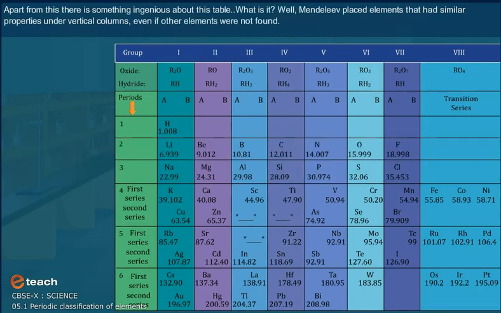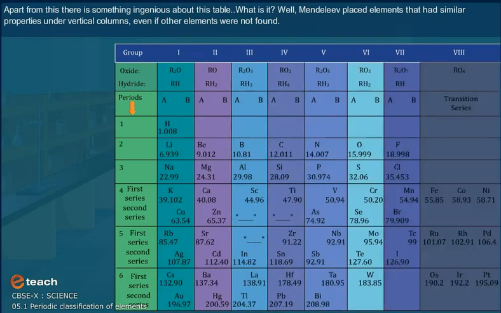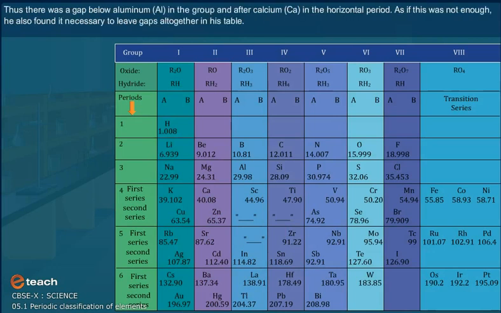Apart from this, there is something ingenious about this table. What is it? Well, Mendeleev placed elements that have similar properties under vertical columns, even if other elements were not found. Thus, there was a gap below aluminium in the group and after calcium in the horizontal period.